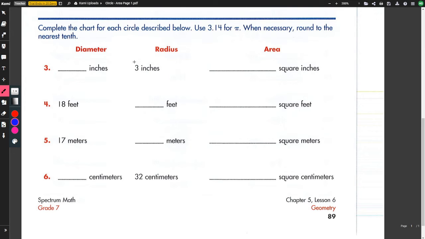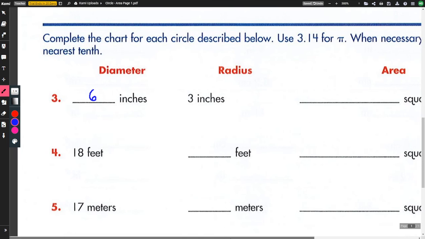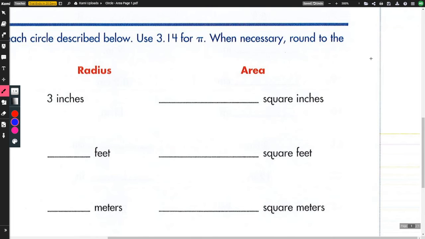So I do 3 times 2, which is 6, because I multiply my radius by 2. If I draw this little chart over here, I have D and I have R. If I'm going from R to D, I times 2, but if I'm going from D to R, I divide by 2. Inverse operations.